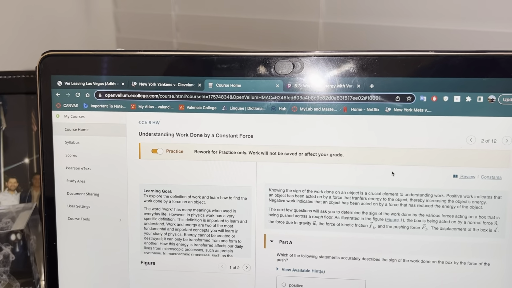They say you have just moved into a new apartment and are trying to arrange your bedroom. You would like to move your dresser of weight 3,500 newtons across the carpet to a spot 5 meters away on the opposite wall.